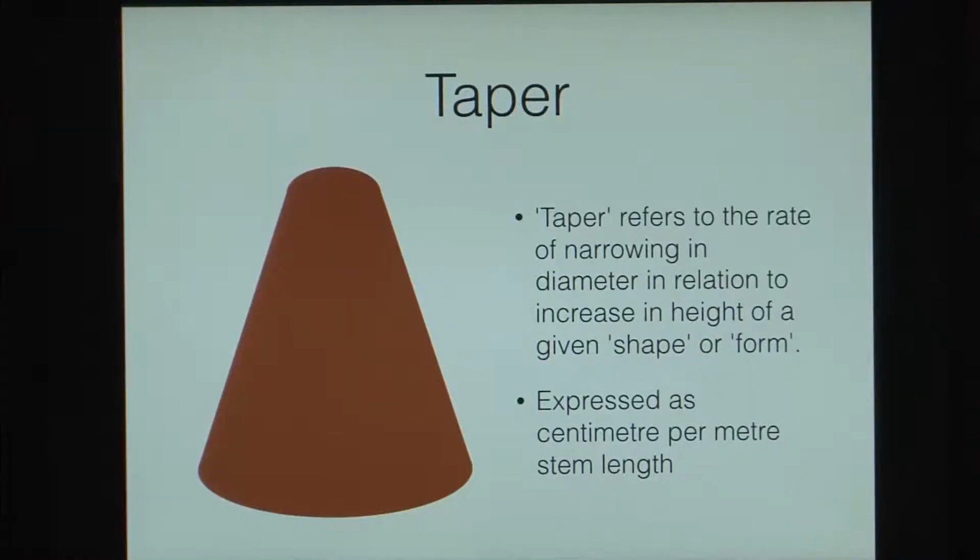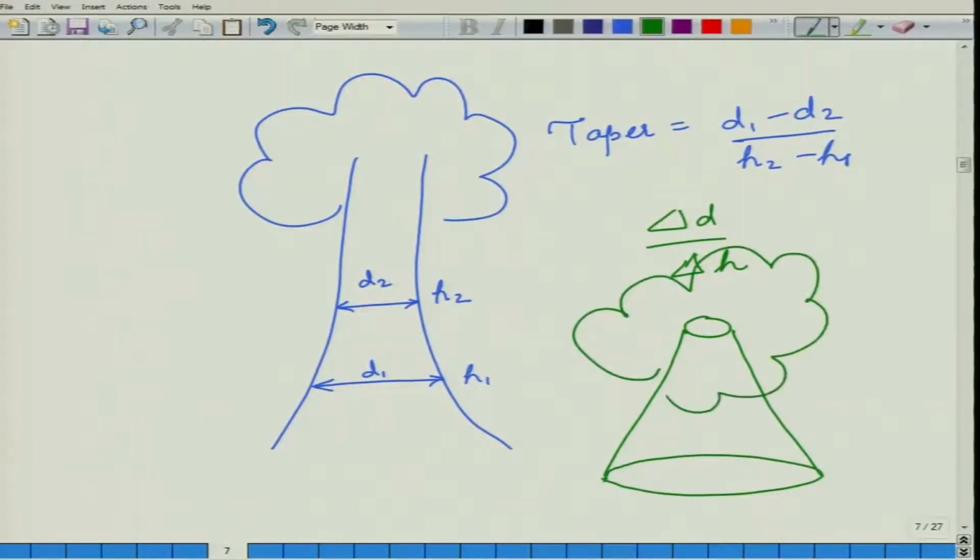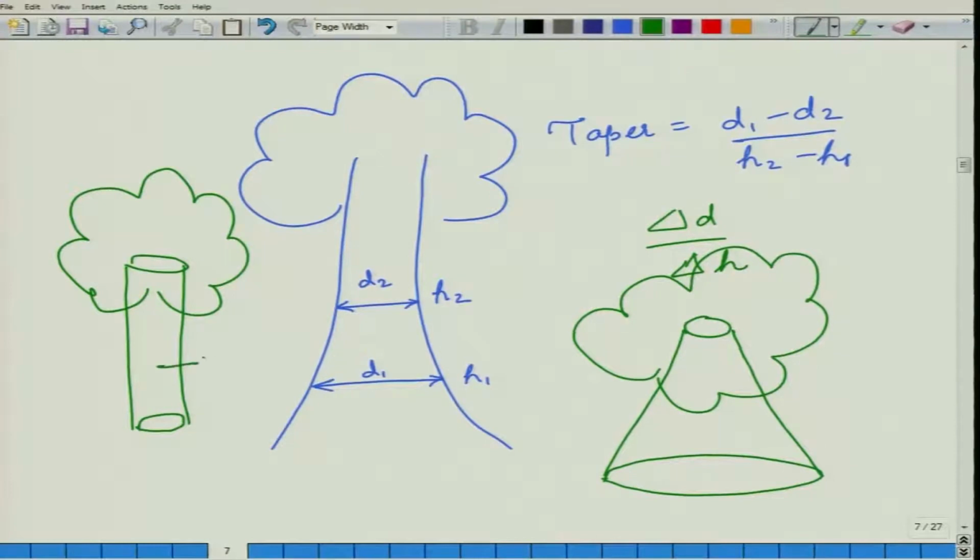So, for instance, if you had a taper like this, the tree would resemble a cone. But if you had a very low taper, something like this with taper nearly equal to 0, your tree main stem would become a cylinder. In this case it is conical.